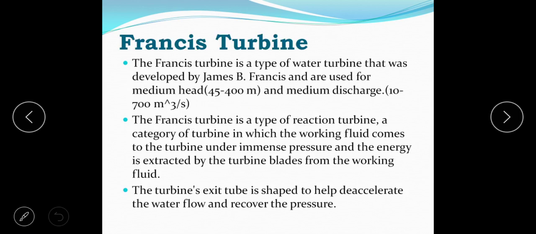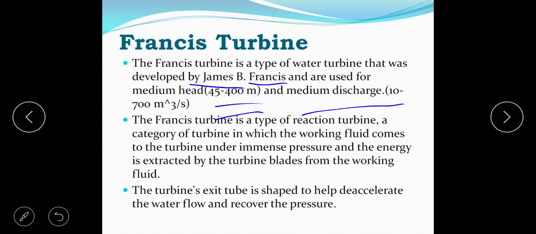Francis turbine. The Francis turbine is a type of water turbine that was developed by James B. Francis, and hence the name. It is used for medium head, 45 to 400 meter, and medium discharge, 10 to 700 meter cube per second.